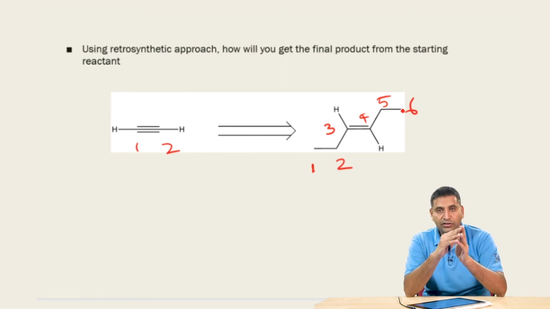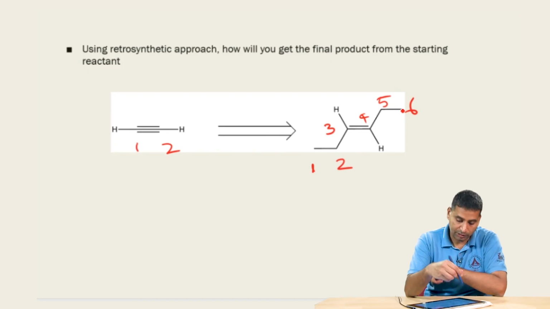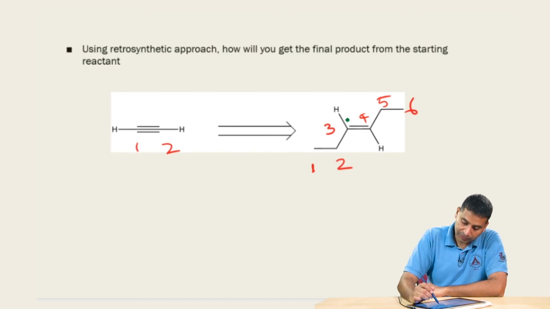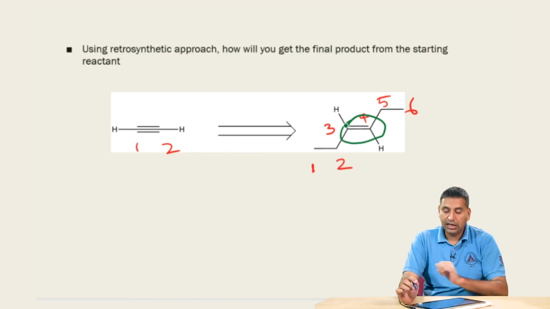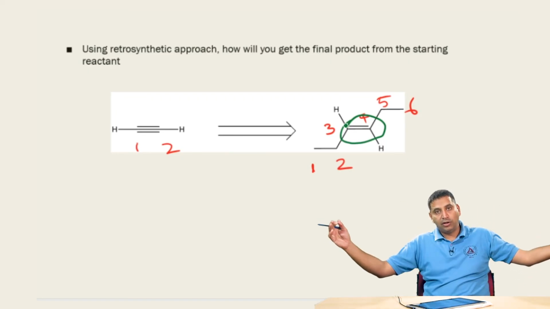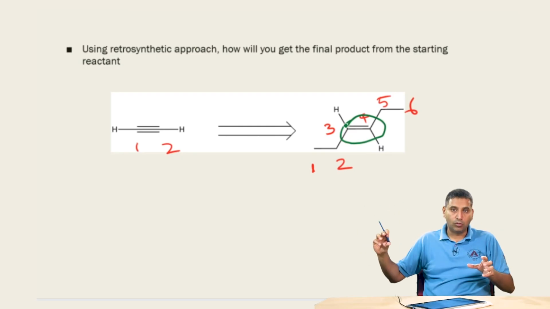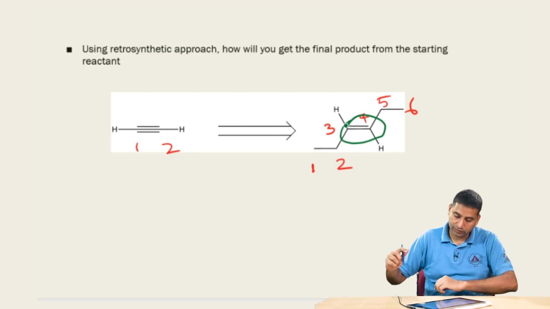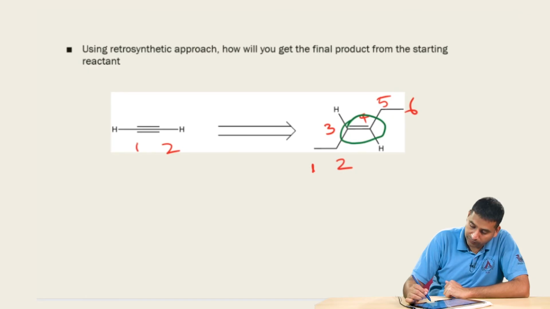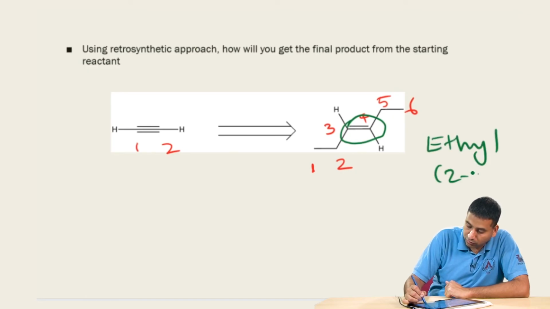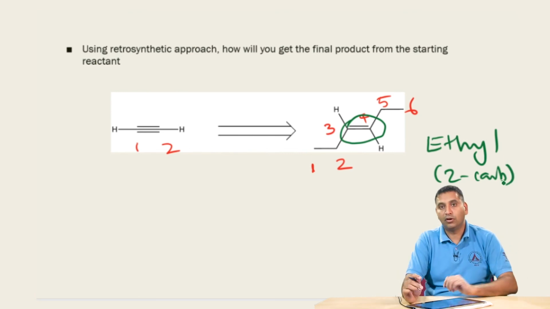But not just that, we have one more very interesting situation here in that if you look at carbon 3 and 4, it is actually a double bond and on both sides of the double bond you have identical groups. That means, you have an ethyl group on both sides. So, here is the olefin and you have ethyl or 2 carbon groups on both sides.